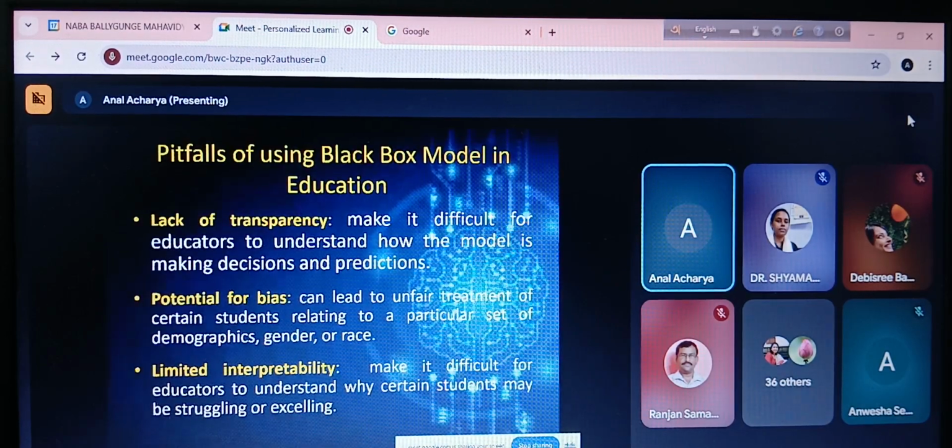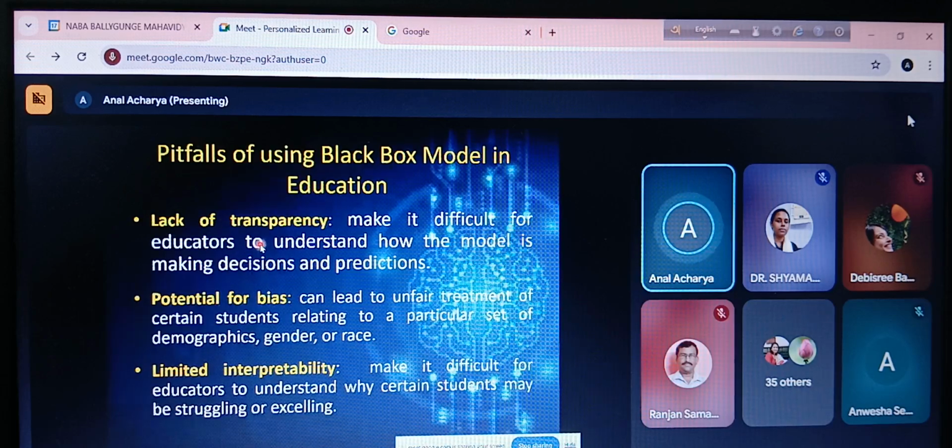Okay, so what are the pitfalls of these? So as we said, lack of transparency. Lack of transparency means, again, someone has made a decision. How the decision has been arrived at, what are the reasons behind the decision, that has to be understood.